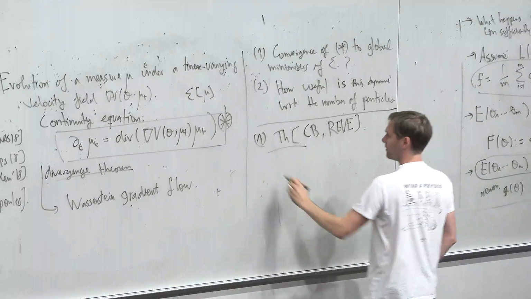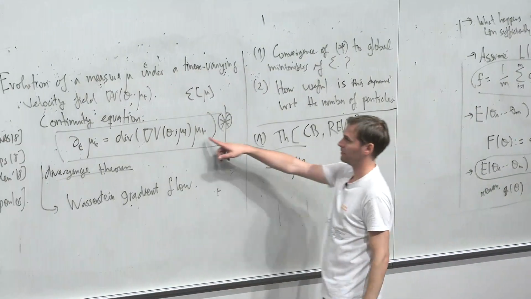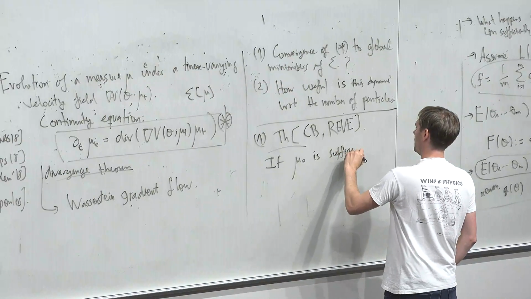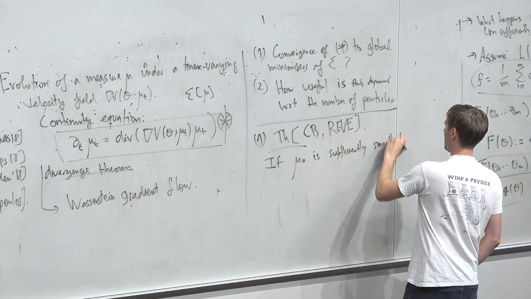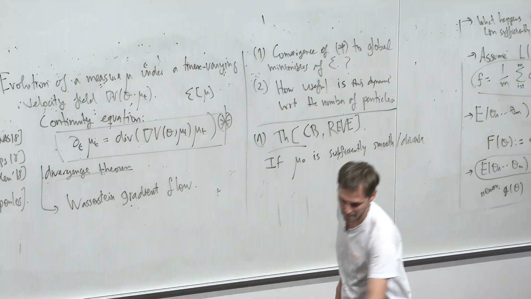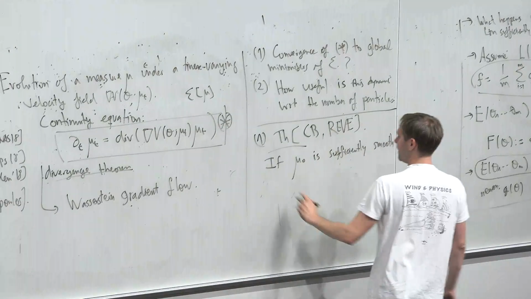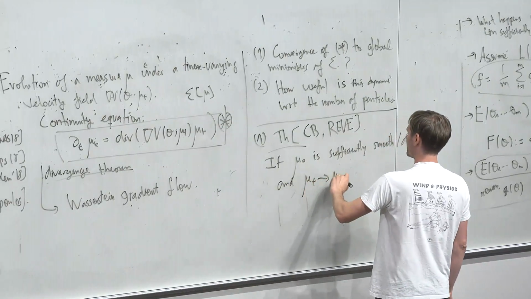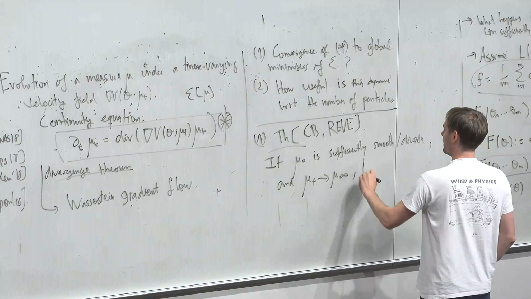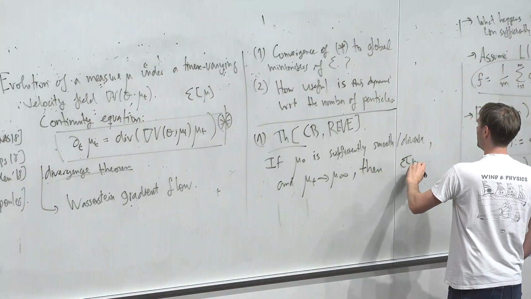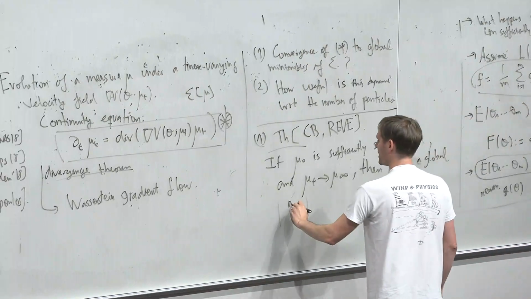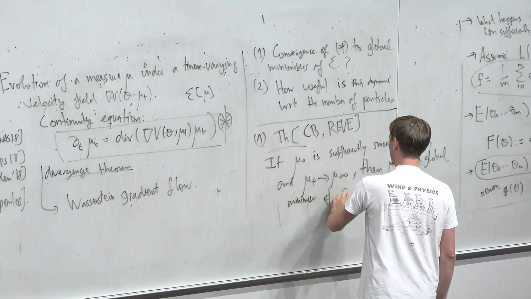That essentially says that if mu0, the initial density, is sufficiently smooth and diverse, so in other words, if it has mass at enough places, and mu t converges to something, so this PDE converges to some mu infinity, then E of mu infinity is a global minimizer of E.